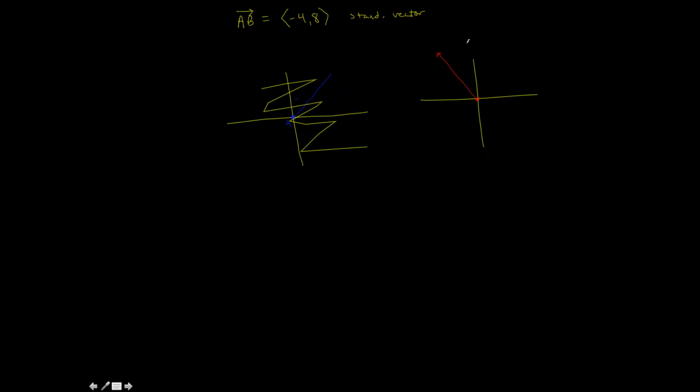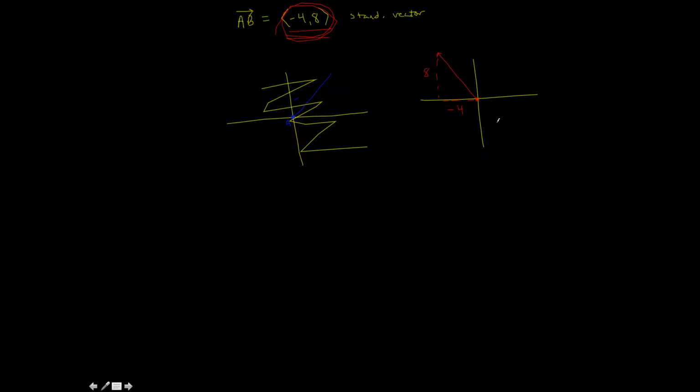Now, how do I know that? I know that because of this right here. What the standard vector says is that this is 4 units to the left, 8 units up. So when you're solving for that vector quantity like we did in the last example, your end result represents 4 units to the left, 8 units up. So it's telling you how you need to draw the standard vector.